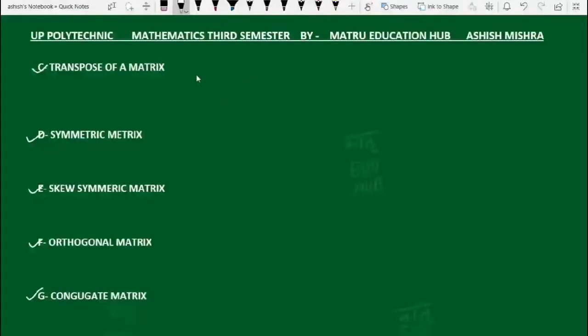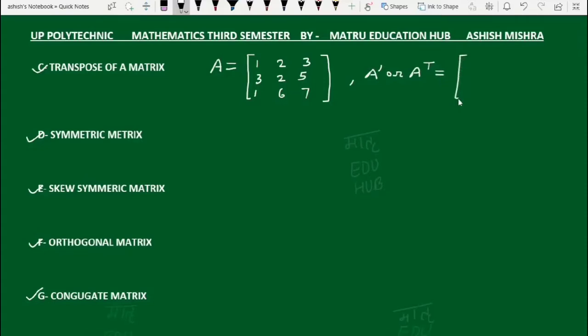Next, transpose of a matrix. Let A be a matrix: 1 2 3, 3 2 5, 1 6 7. The transpose of a matrix is represented by A dash or A power t.